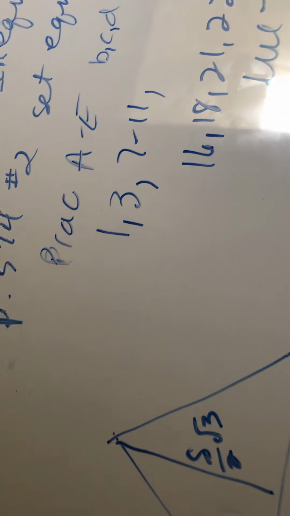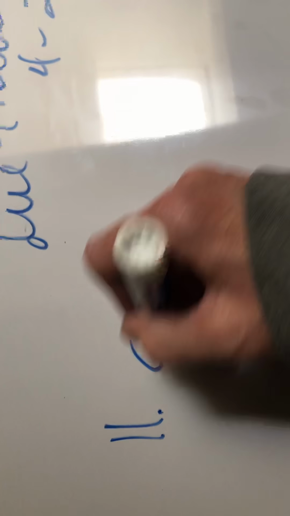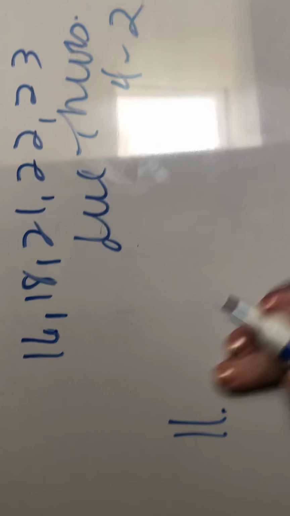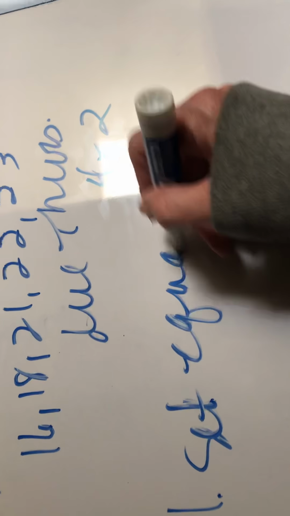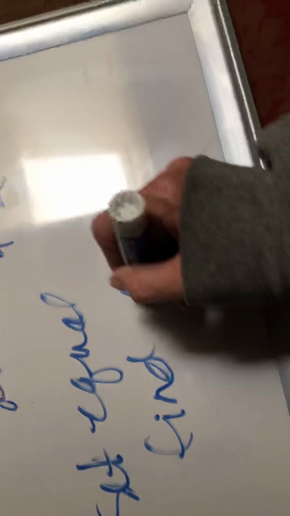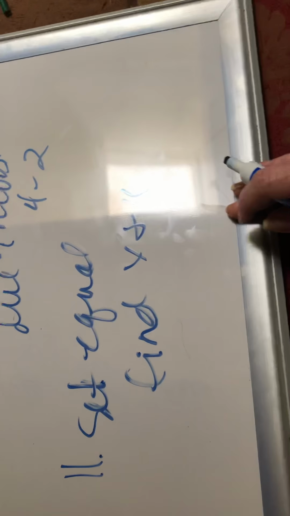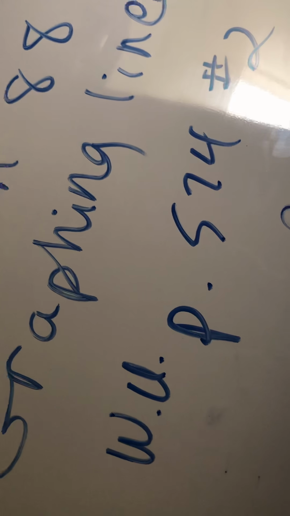Then on number 11, set them equal. You're given 2 equations. Set them equal and find x and y. Y'all should be good on that one. That's through 11. I'm just making sure I don't need to tell you anything else.